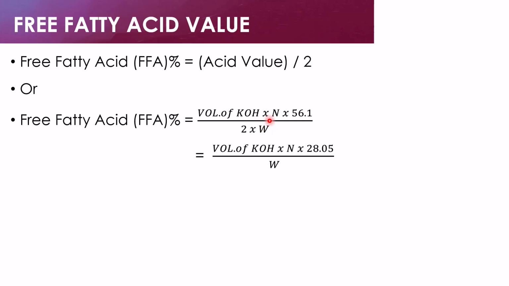And this equation can be written as this, which is volume of potassium hydroxide times the normality of the potassium hydroxide times 28.05, divided by the mass of lipid used. We have the 28.05 here because 2 divides 56.1, to give us 28.05.